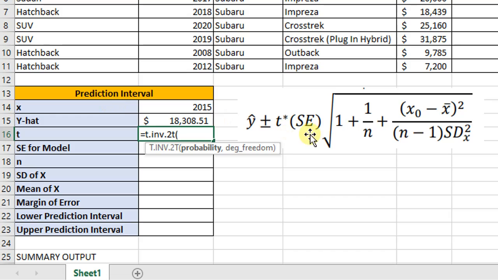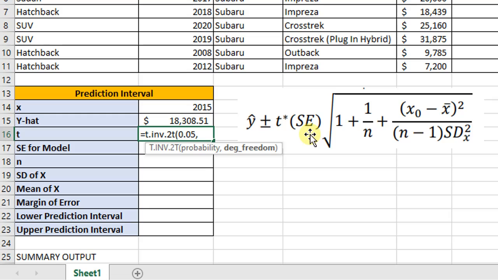The probability is always 1 minus whatever your prediction level is. So if I want the 95% prediction interval, then my probability is going to be 0.05. Basically, it's whatever your alpha is, which is 1 minus the prediction level.